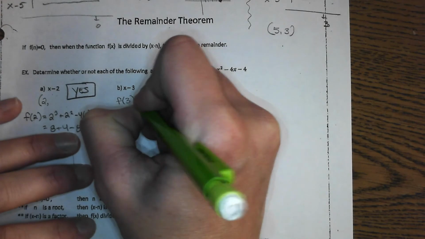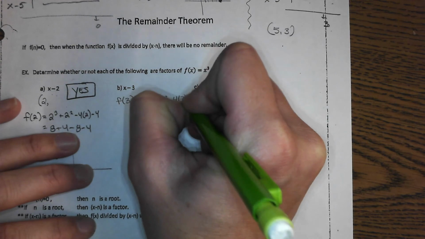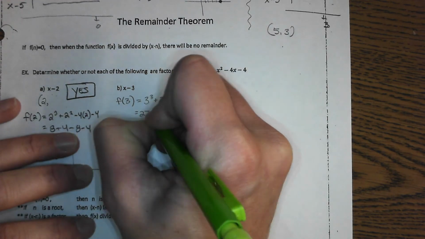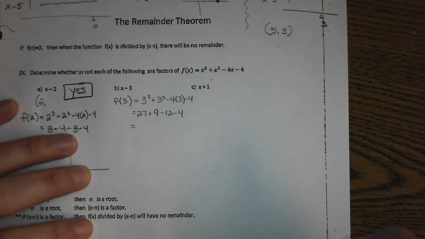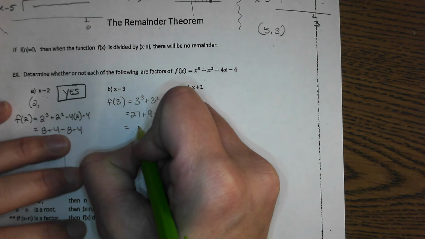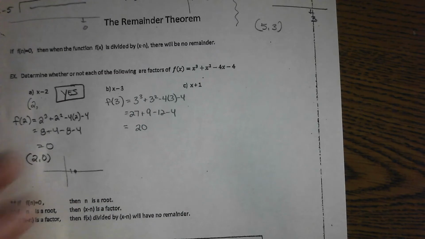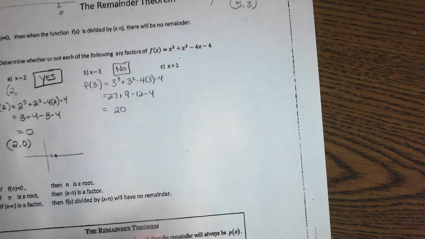So plug it in and see if it truly is a root. This one gives us 27 plus 9 minus 12 minus 4, which is 36 minus 12, 24 minus 4, 20. So is 3 a root? No. So then x minus 3 is not a factor.